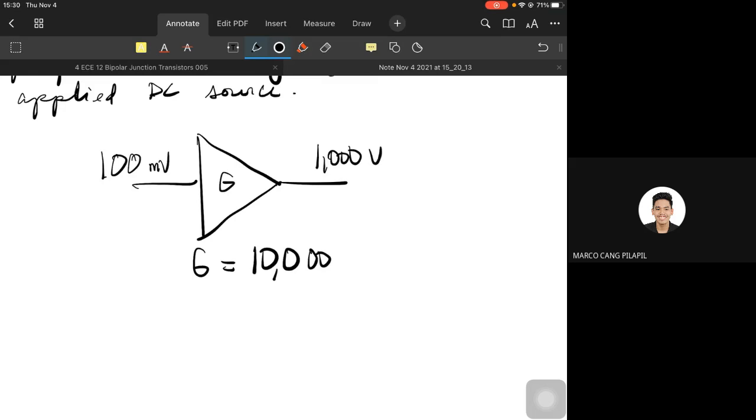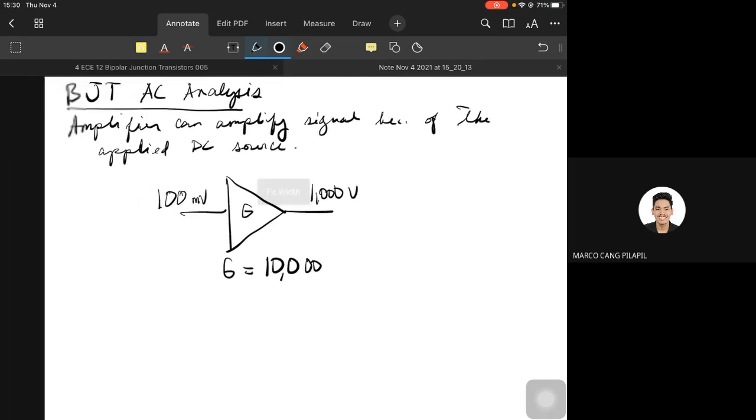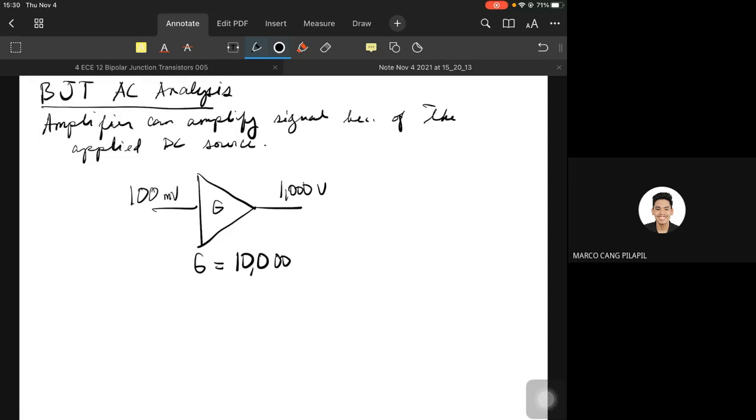So doesn't this look questionable? Right? That's why we don't observe this in actual real life situations.